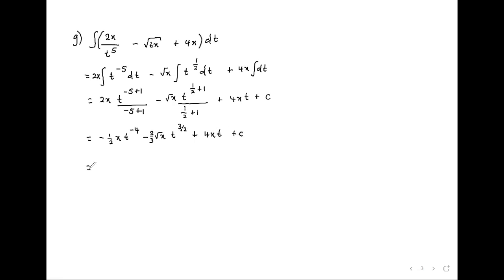You can choose to come back here and write this as x over 2t to the power 4, minus 2 over 3 root x t to the power 3 over 2, plus 4xt plus c.